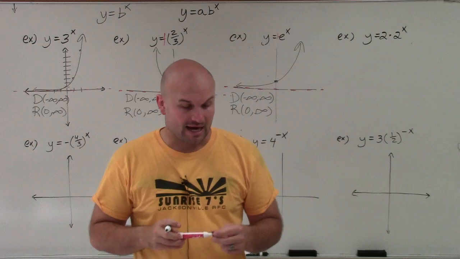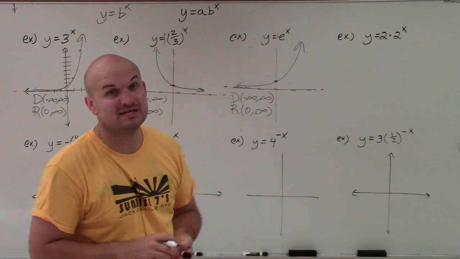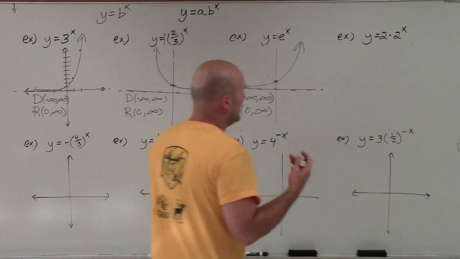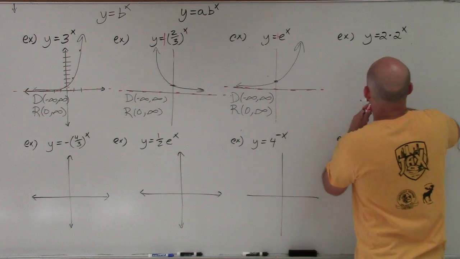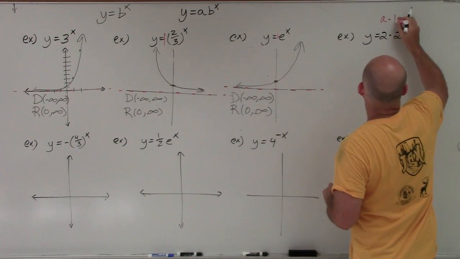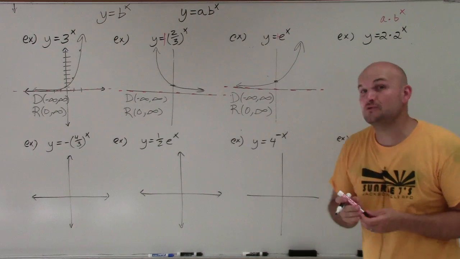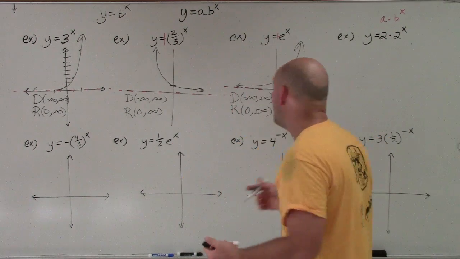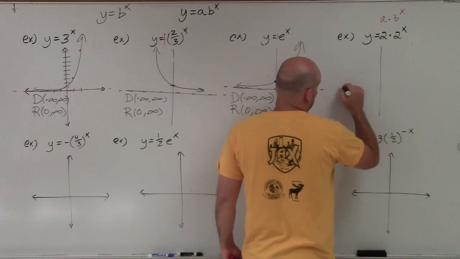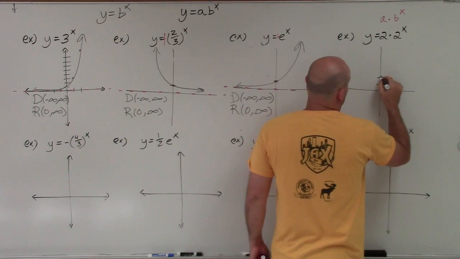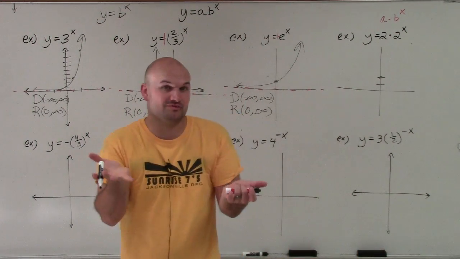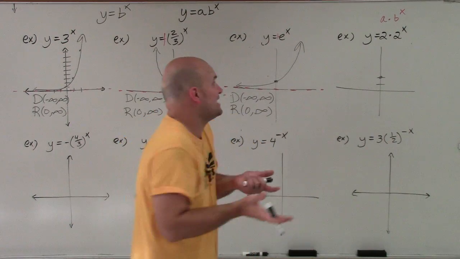Okay? Now in the next example, we have 2 times 2 raised to the x. Again, we see that we have an a, a times b to the x. So since my a is 2, the graph is going to have a y-intercept at 2. However, that does not shift the graph up 2. It's just having a y-intercept at 2.